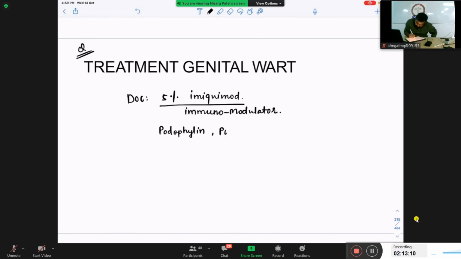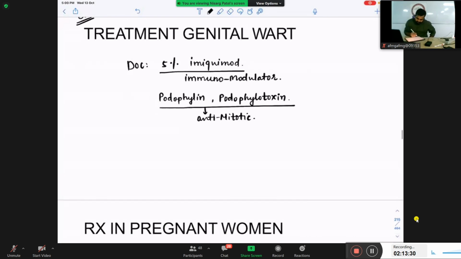Podophyllin and podophyllotoxin. These are the anti-mitotic agents. So these are the first line.